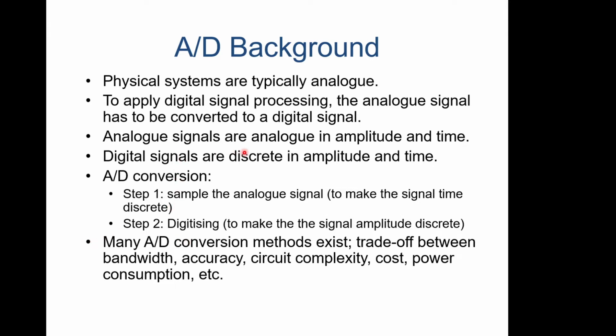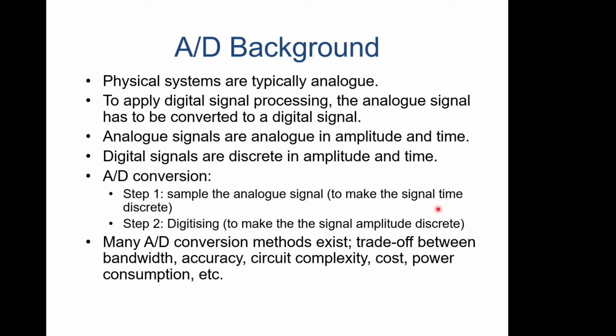So analog signals are analogous. They've got continuous change in amplitude, and they continuously change in time as well. And digital signals are discrete in amplitude and time. So digital ones will have a certain amplitude within a fixed range at a certain time, and then that won't change until the next time step comes along. So to get from analog to digital, there are a couple of steps we have to take. We have to first of all sample the analog signal to make it time discrete.